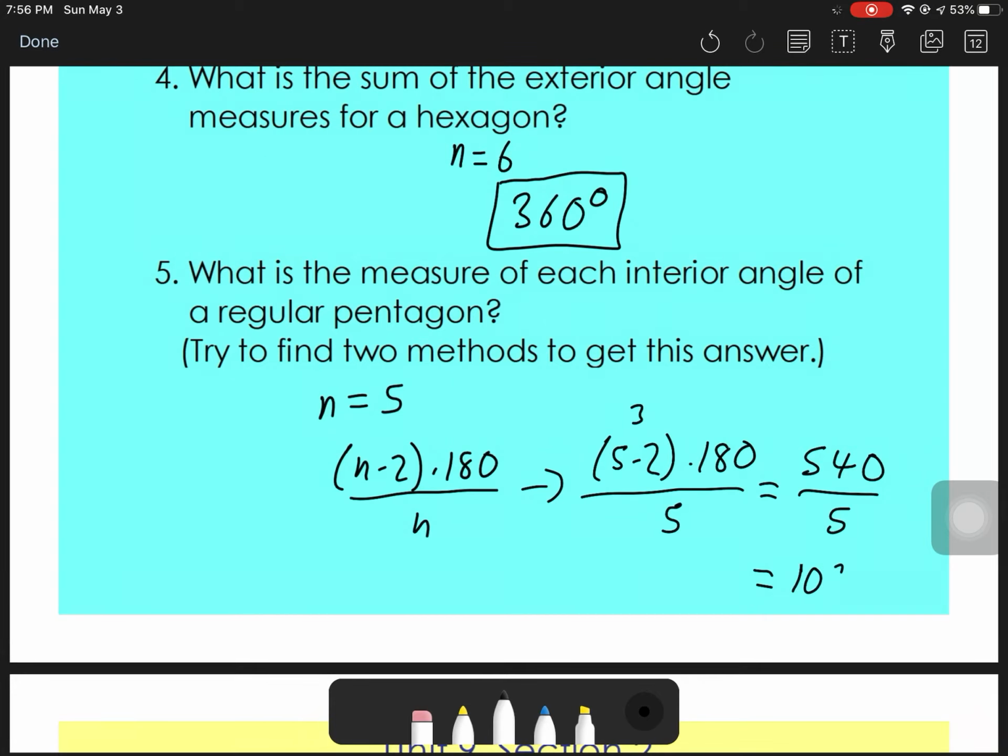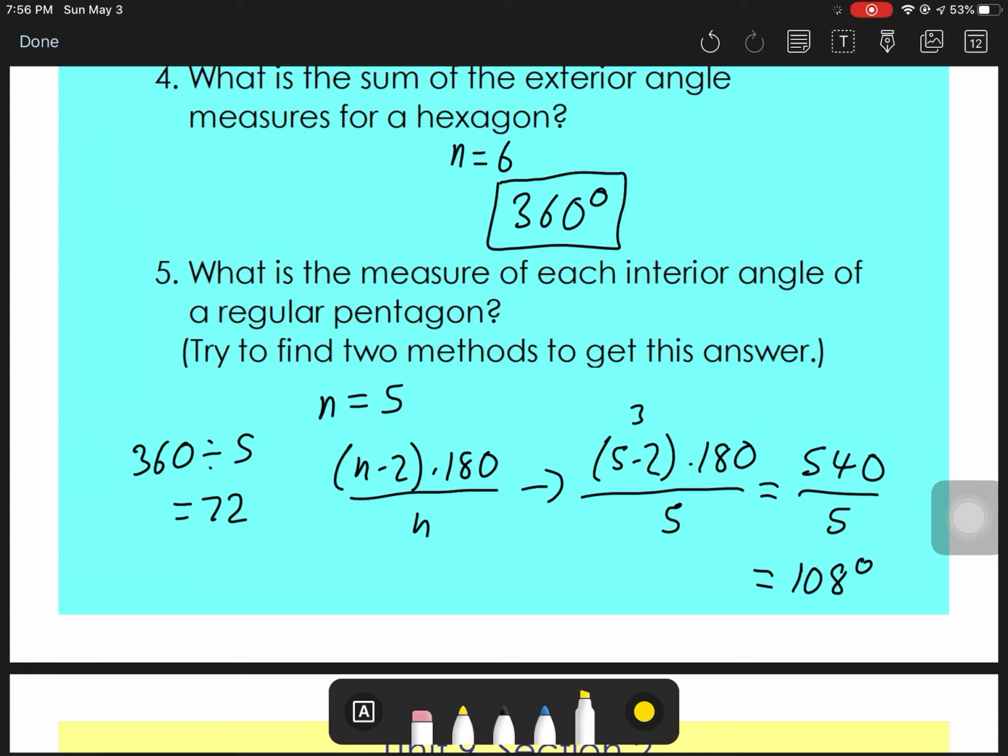That is 108 degrees. Another way you could do this: since it's a regular pentagon, we know the exterior sum of any polygon is 360, and since it's regular, they would all have the same exterior angle. So we take 360 divided by 5, and we get 72. Think about how that helps us get to 108.